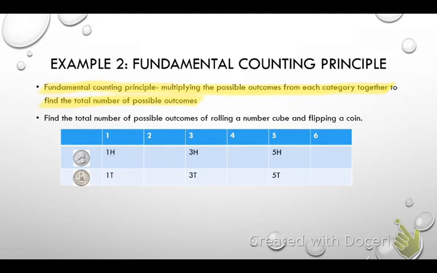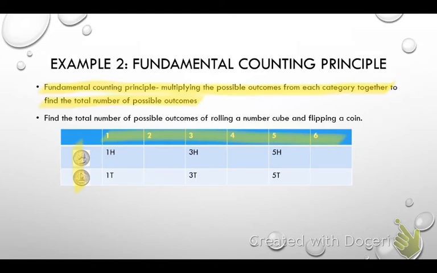Well, the first part to this is we need to understand there are 6 sides to a number cube, okay? 1, 2, 3, 4, 5, and 6. And that's what we see here. These are my outcomes if I were to roll a number cube. All right, then if I were to flip a coin, I can either get heads or tails. So the blanks that I see in the chart show basically if I were to roll a 1, I could either flip a heads or flip a tails, okay?